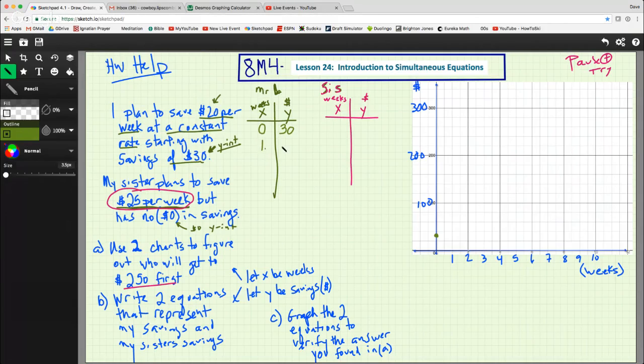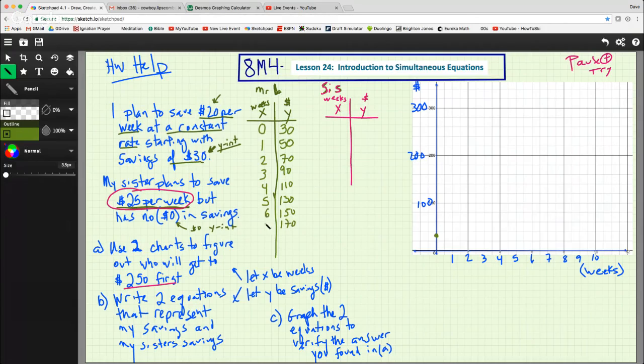After 1 week, we have $50 because I'm saving 20 every week. 2, 3, 4, 5. So let's go 70, 90, 110, 130, 150, 170.